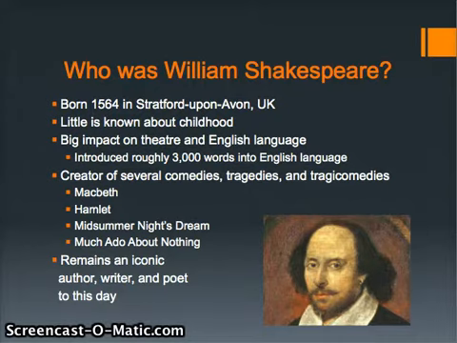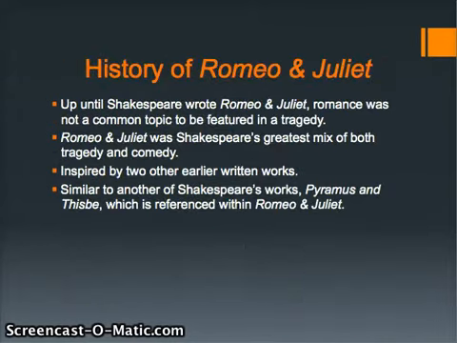Up until the time Shakespeare wrote Romeo and Juliet, romance, especially the romance between two naive adolescent lovers, was a topic not commonly addressed in tragedies. However, Romeo and Juliet was, and still remains, Shakespeare's greatest and most creative mix of both his dramatic and comedic writings.